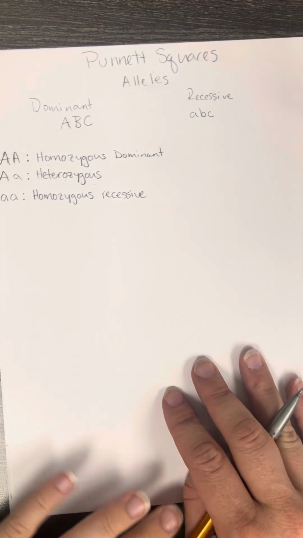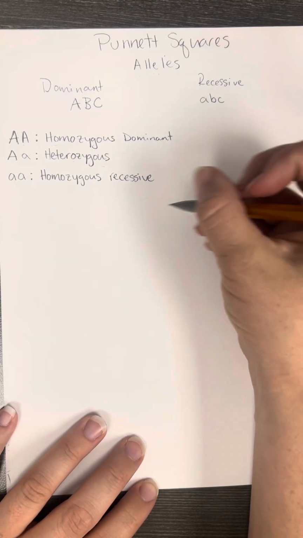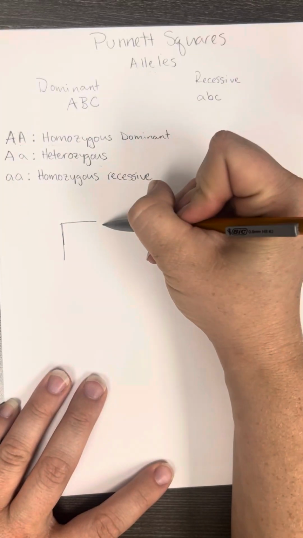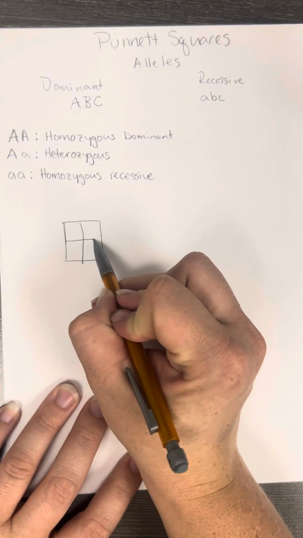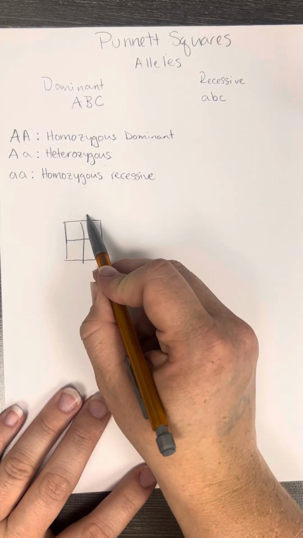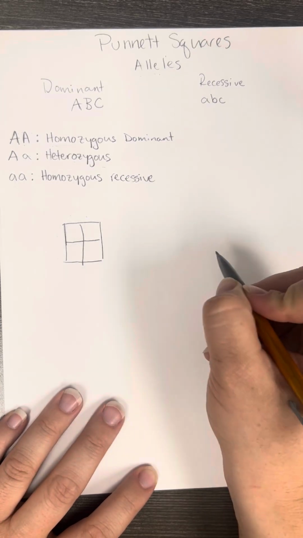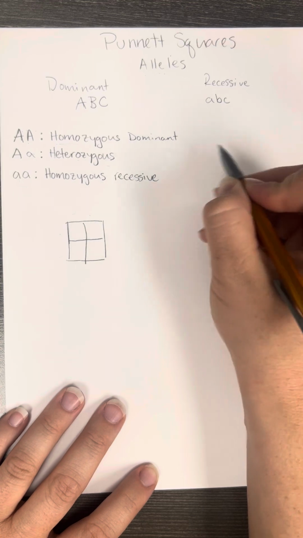So let's take a look at this in a Punnett square. Let me make it a little bigger. I'm going to have my square like this, and you'll have one parent's genes up here and the other one right here. So let's say we're measuring for hair color, right?